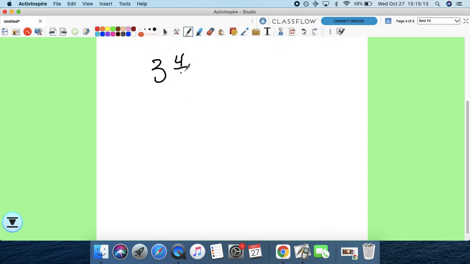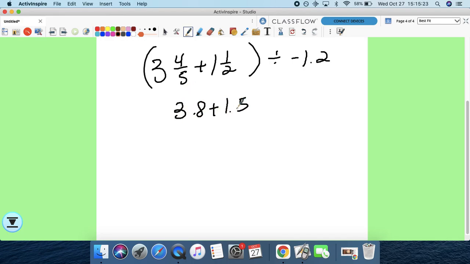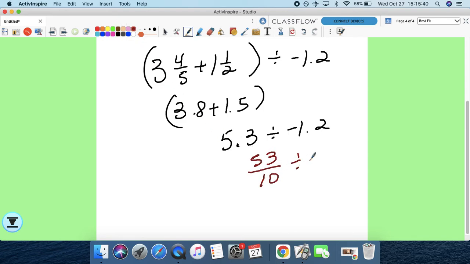3 4/5 plus 1.5 divided by negative 1.2. Yikes. So let's change this. I'm going to change this to 3.8 plus 1.5. Okay, so let's work on that. And I'm going to get 5.3 divided by negative 1.2. Okay, so I changed that to decimals. And now I'm going to change it to fractions. So 5.3 is going to be 53 over 10 for me, divided by negative 12 over 10.